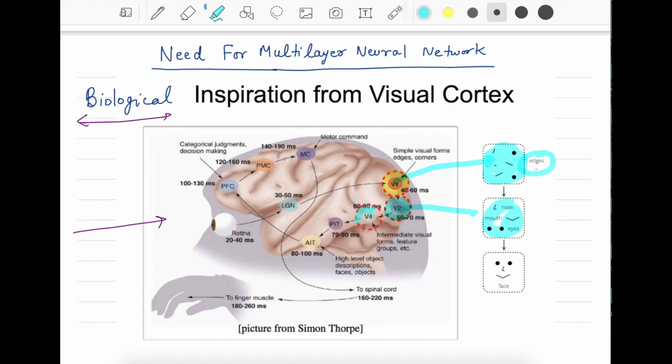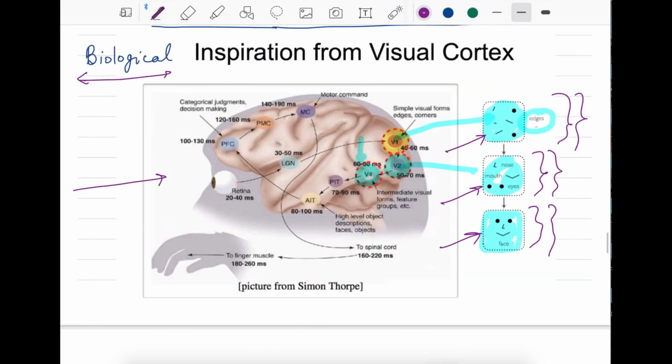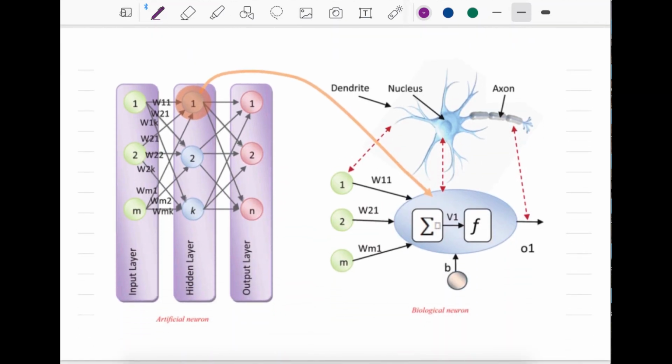Then it propagates further to V4, and at this level the features become more complex and it detects a face. So this motivates us from a biological point of view too: in our brain we have multiple cascaded layers, and each of these layers implements some complex functions. This again shows the same thing, how we are doing it for multiple layers.